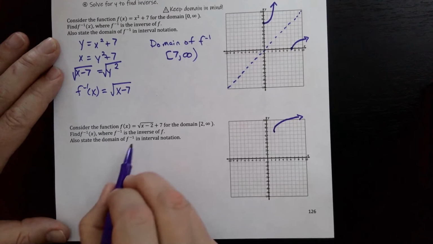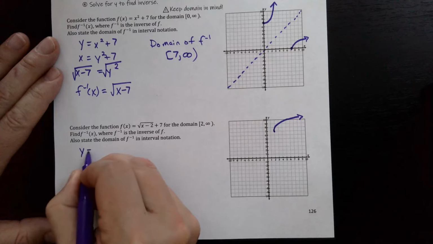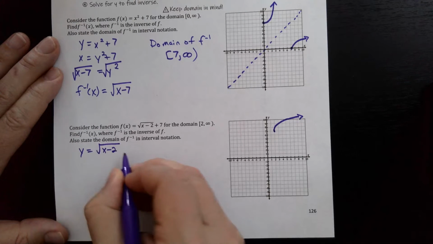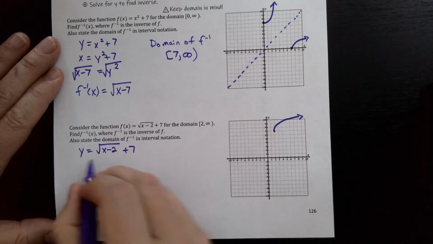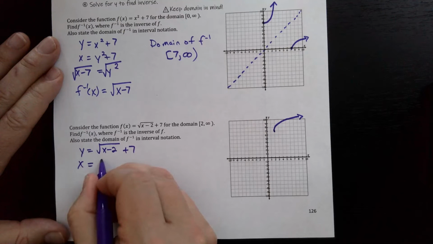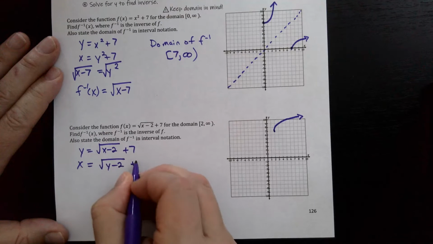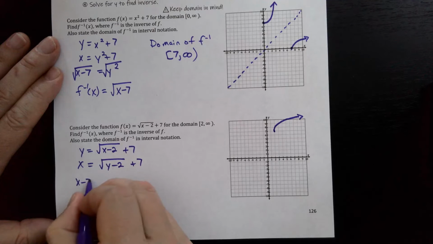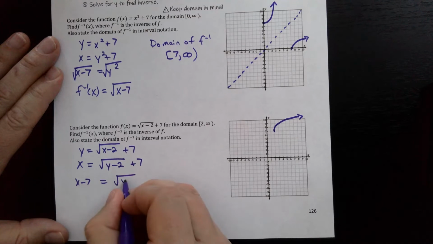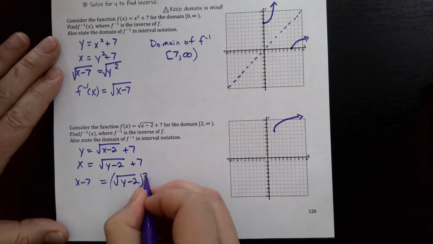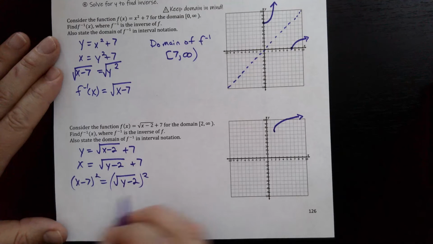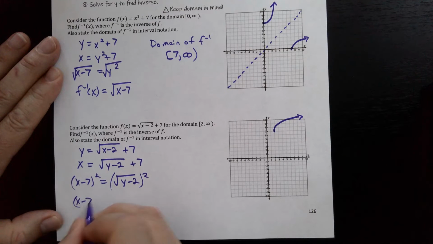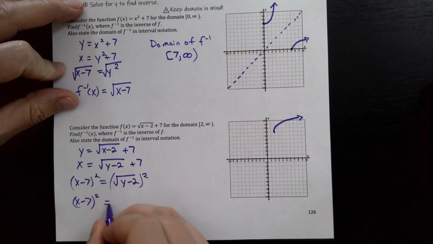All right, let's find the inverse. y is equal to the square root of x minus 2, plus 7. Switch the x and y. Subtract the 7, so x minus 7 is equal to the square root of y minus 2. Square both sides to get rid of that square root, so you get x minus 7 squared is equal to y minus 2.